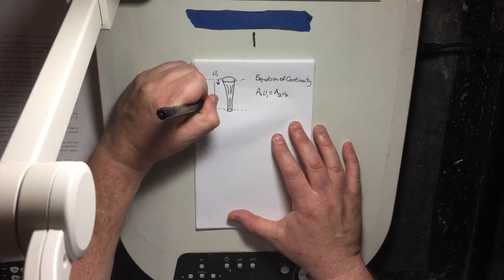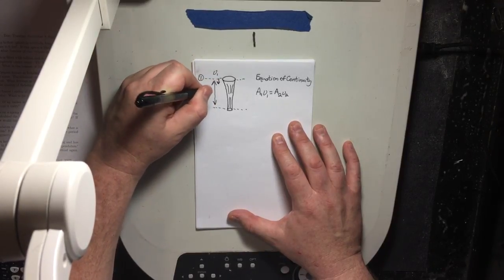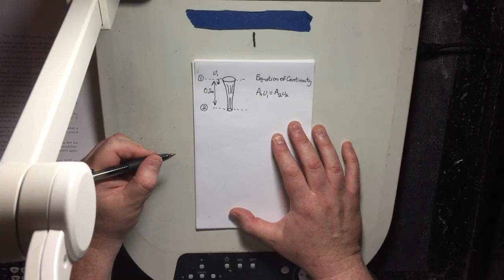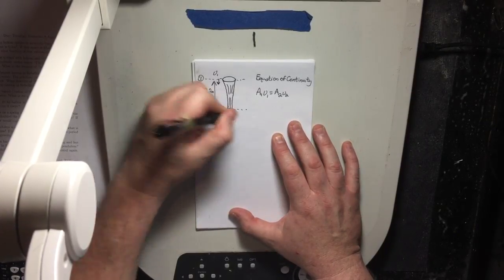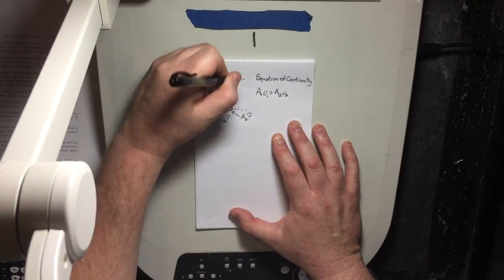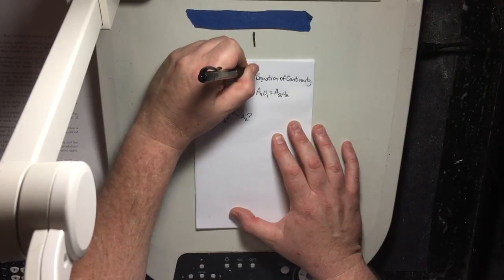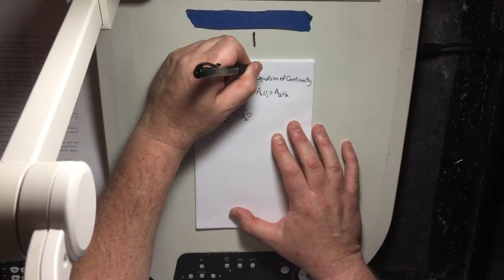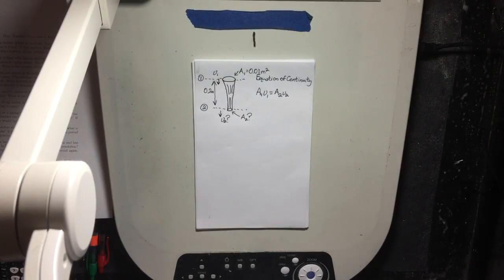The height difference between this, let's just say, is 0.2 meters. What I want to know is, what is the velocity at the bottom and what is the area at the bottom? Now, the initial area, we'll make it 0.01 square meter, and I want to know what the final area is at the bottom.